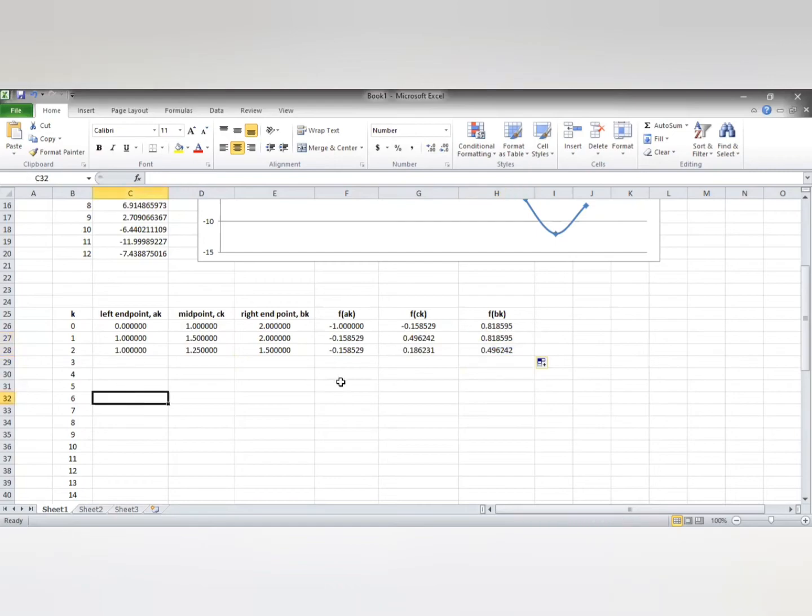Here the values of the functions f(ak) and f(ck) have opposite signs, so still our left endpoint is a and the right endpoint is equal to c. We can drag this again.